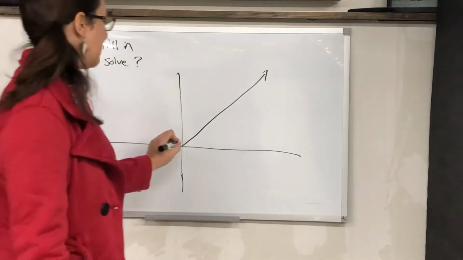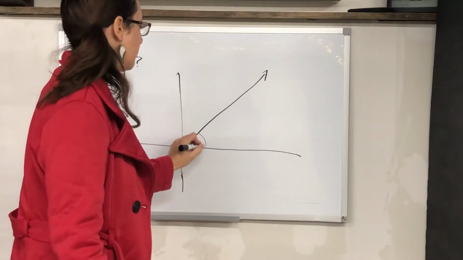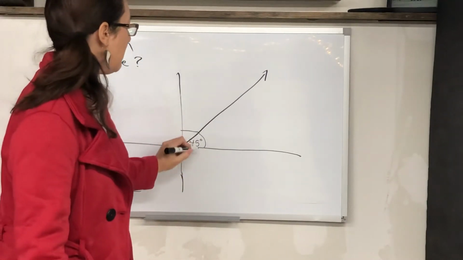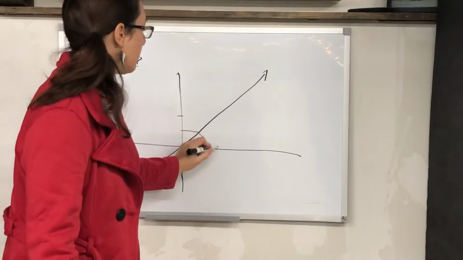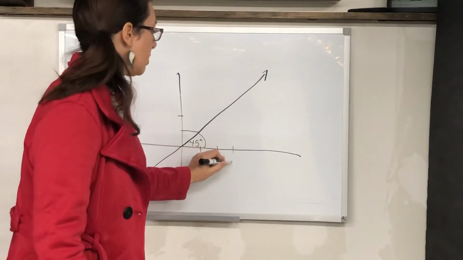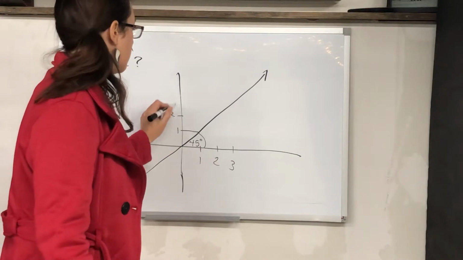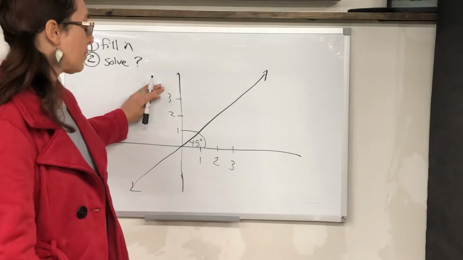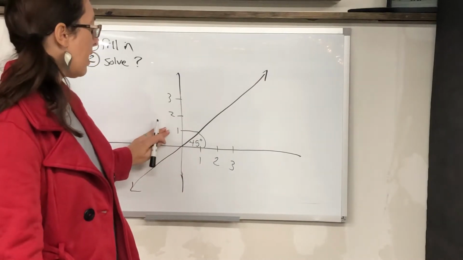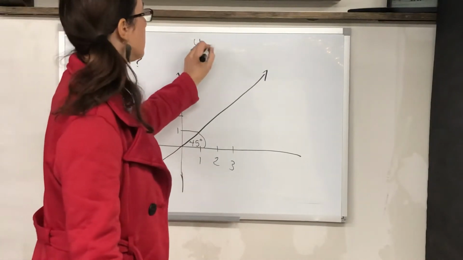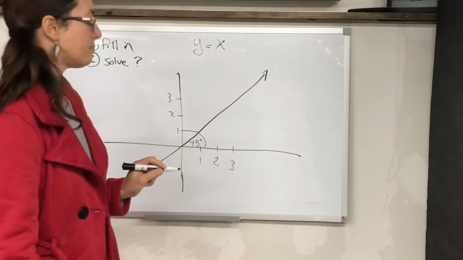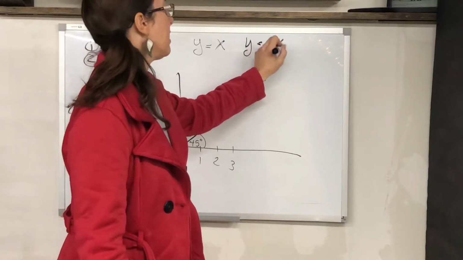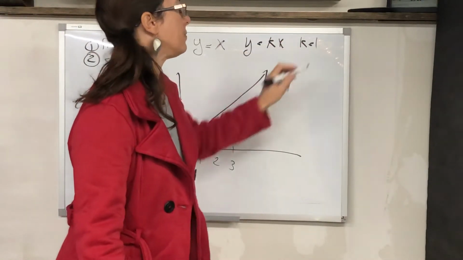When you have a line that is at a 45-degree angle, that means that for every tick on your graph, you have the equal amount along your y-axis, okay? So for every x, I have a y. So this is y equals x, okay?